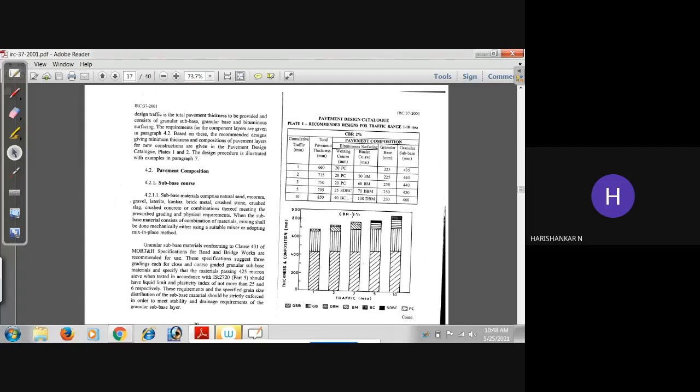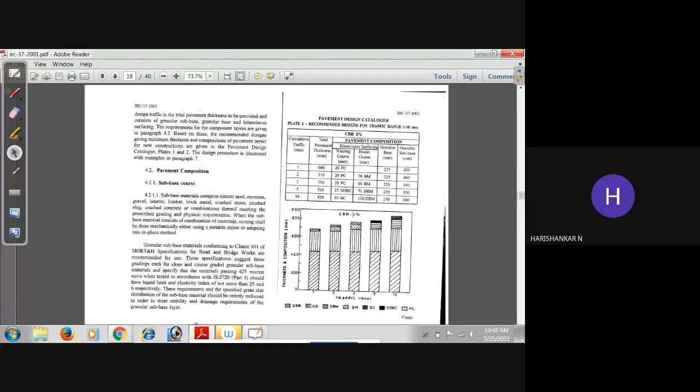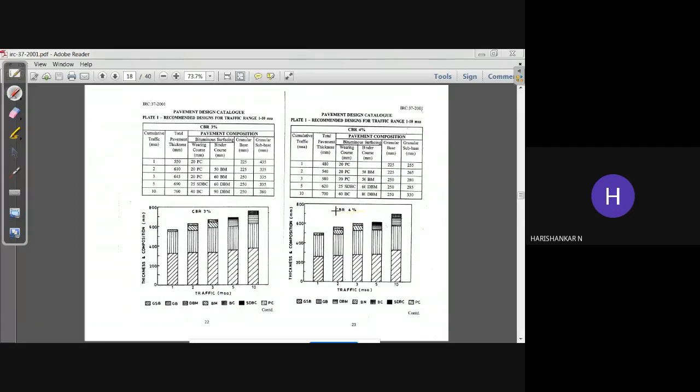In the question, the CBR value is given as 4%. So you have to refer to the 4% CBR, and you have to refer to the MSA value. The MSA value is obtained as 7.1.